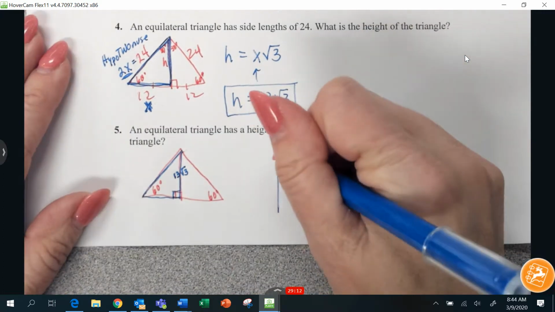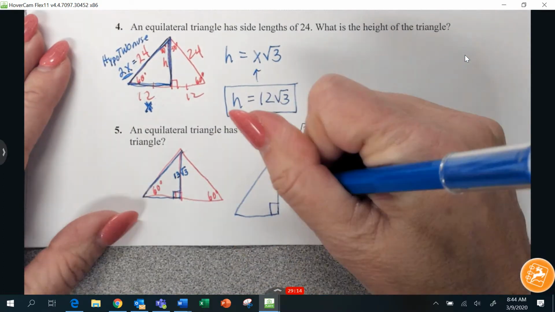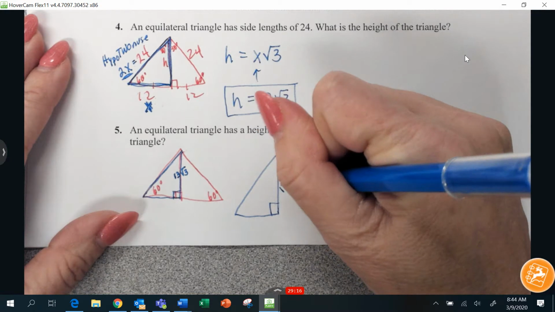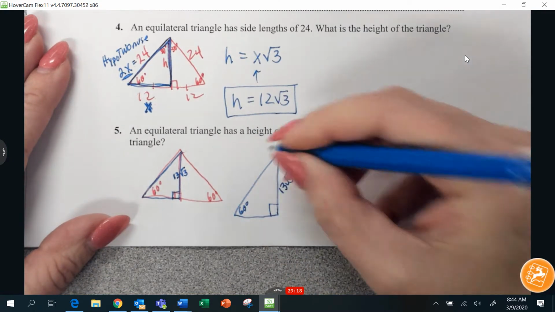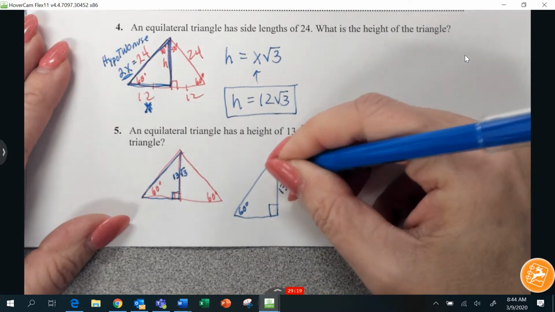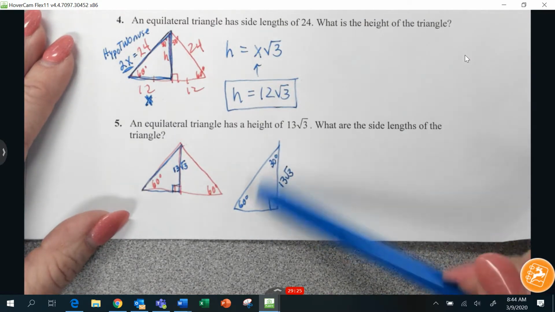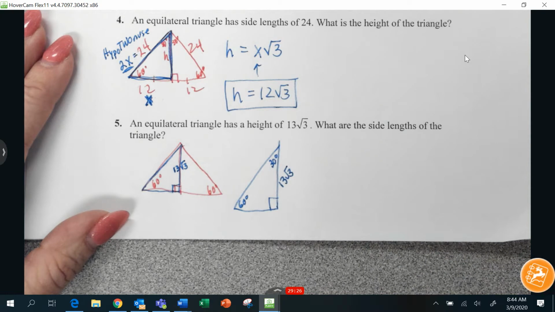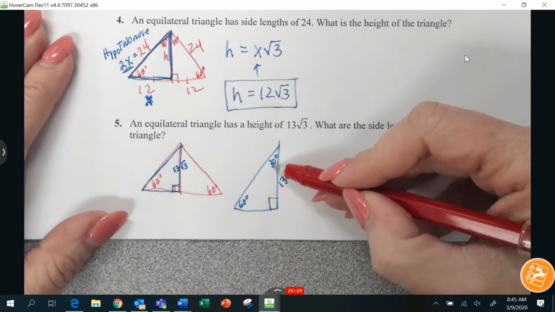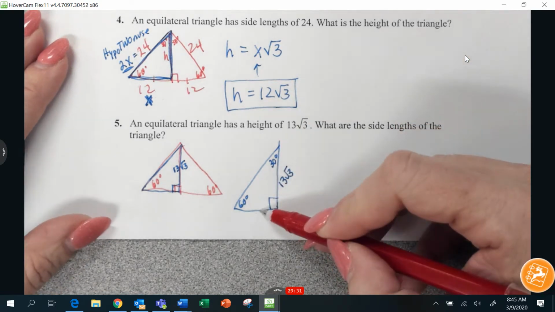I'll write it again over here, just the blue triangle. I'm going to put my formulas in a different color. Cameron, across from 30 degrees is which formula?